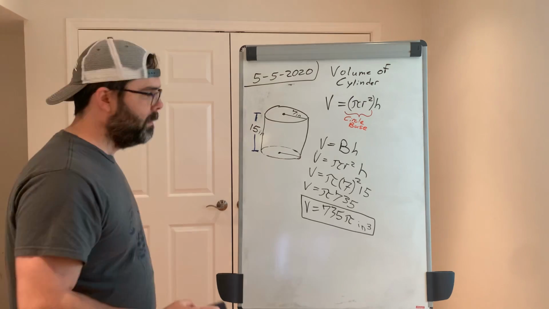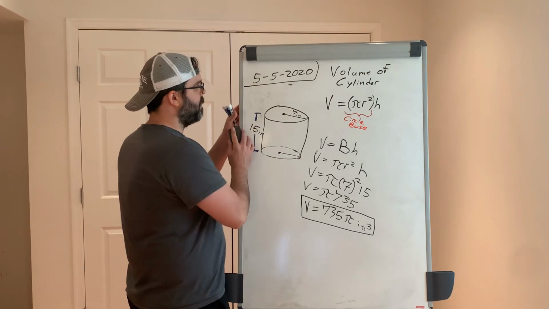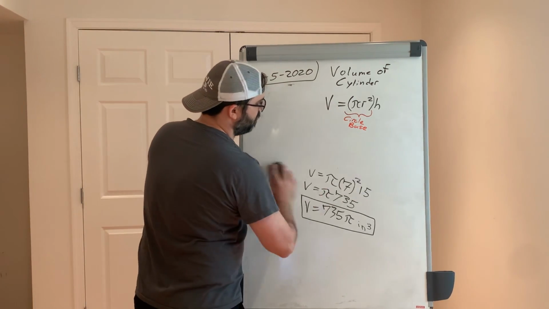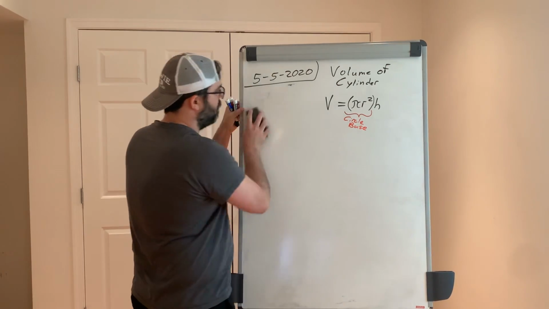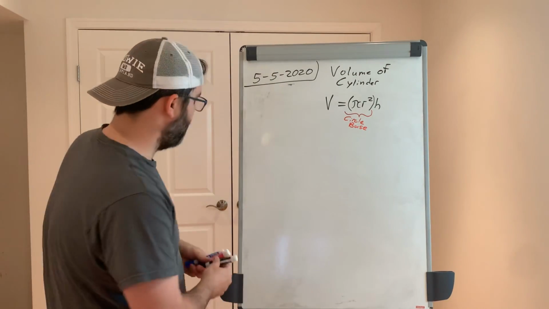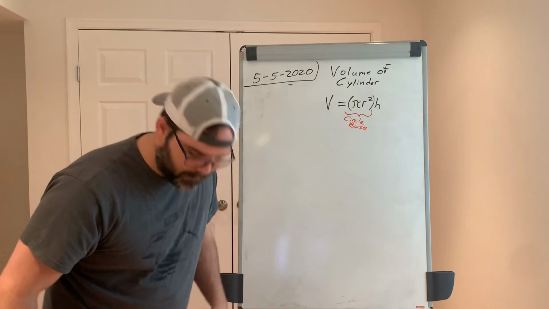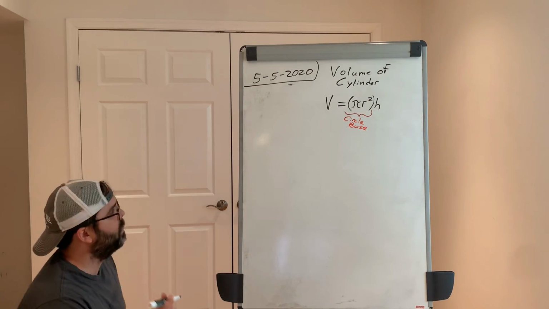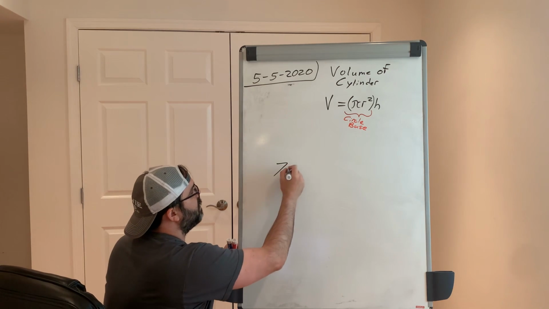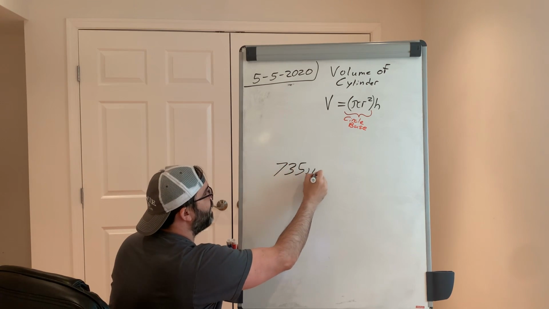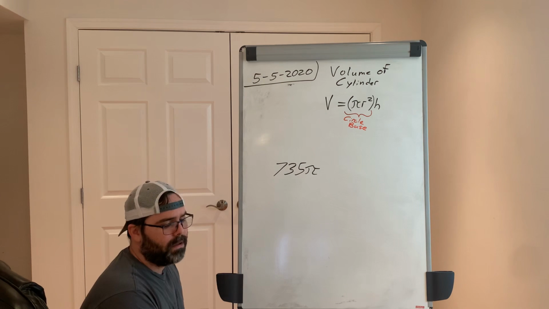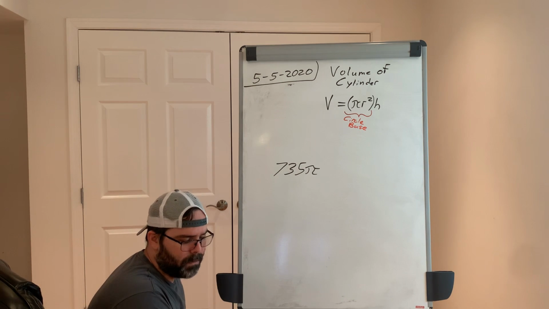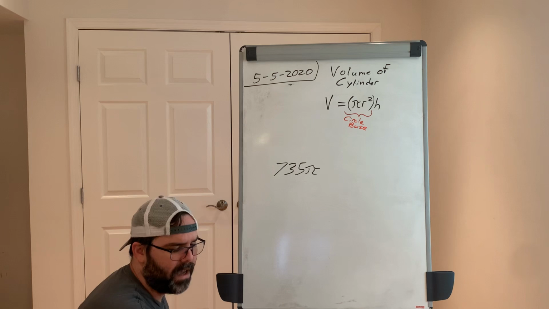Okay, let's change it up. Oh, I'm sorry. Let me write this back. So we had 735 pi, right? So I told you to leave pi as a symbol. Well, it depends on what the question's asking you.